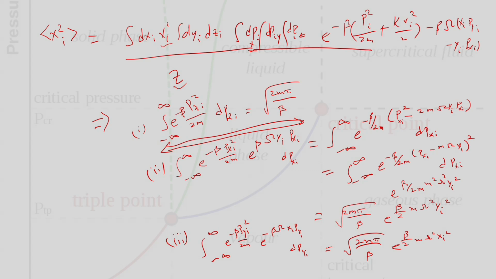In fact it does not, there is no term which has x_i times y_i or x_i times z_i. So, I might as well not perform the y_i and z_i integrations, because they are going to cancel out coming from here.